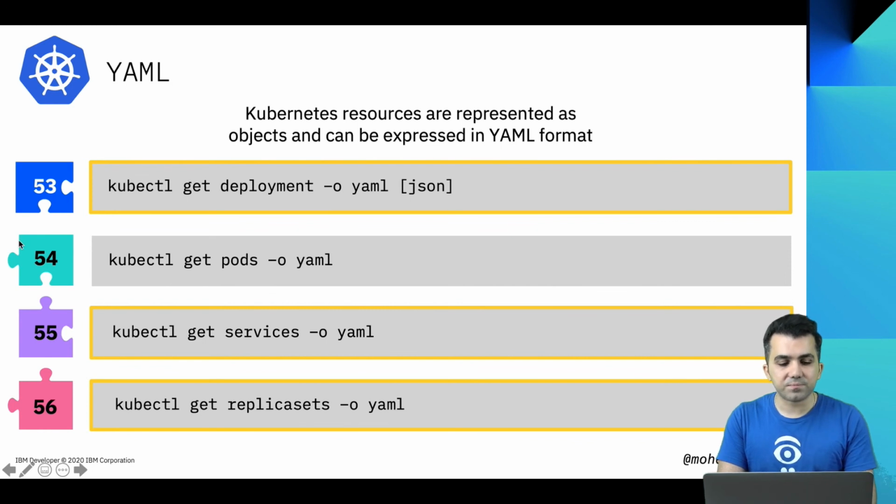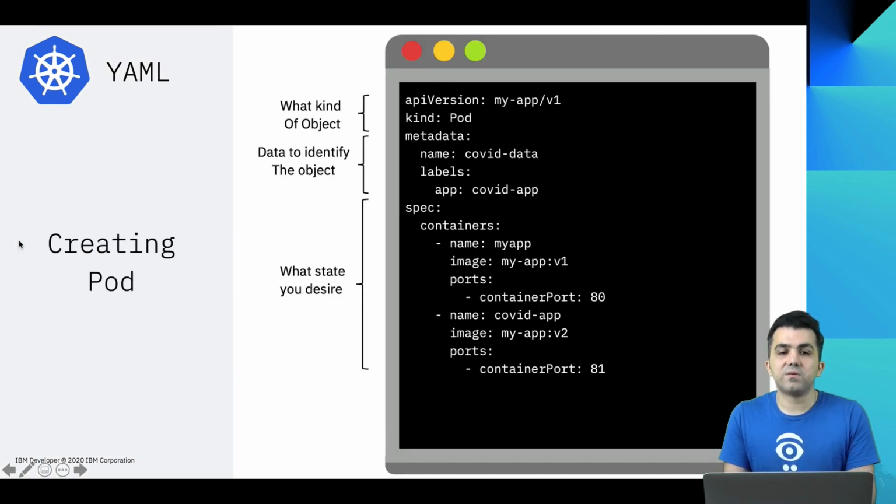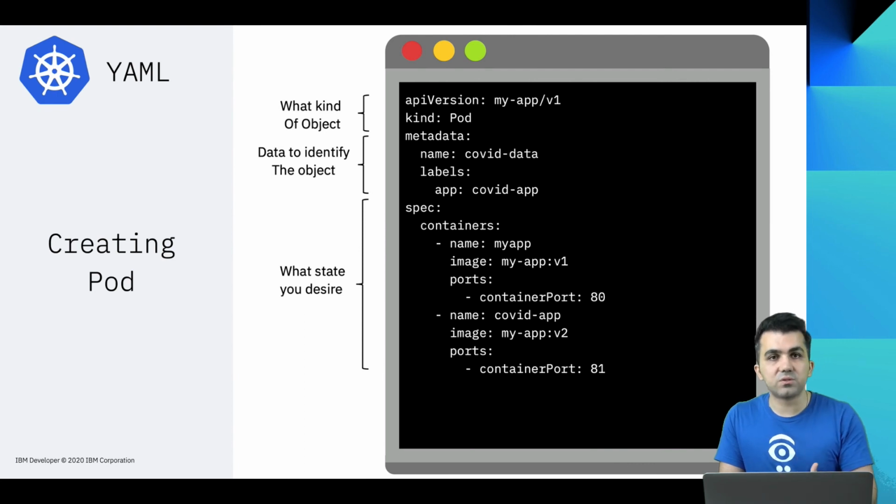This was just to show you what you can do with YAML output from all the resources that you query. But here, if you want to create a pod, and I wouldn't suggest doing that because creating a naked pod is not recommended, you can go ahead and use deployment, and deployment can take care of the pod, and then the ReplicaSets come after that. The format of the YAML file is what kind of object you're trying to address, and then the data to identify the object.